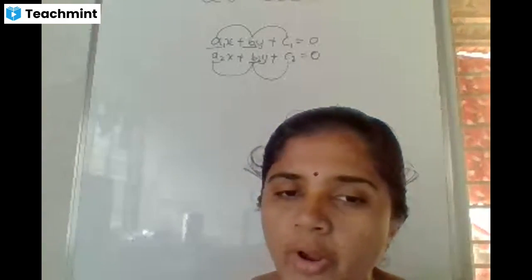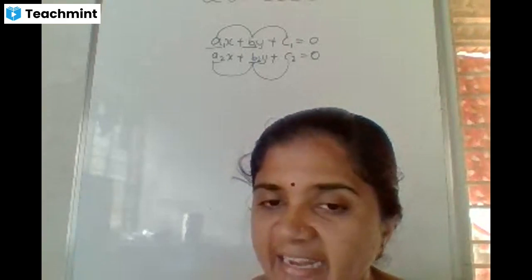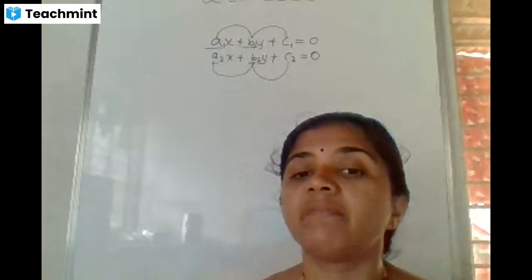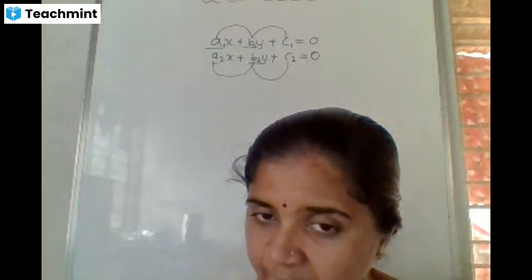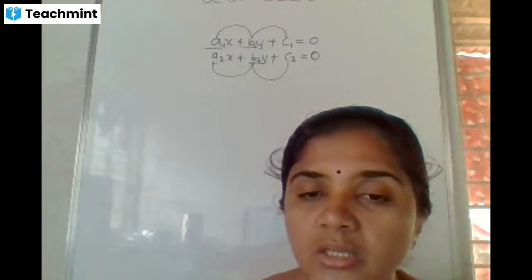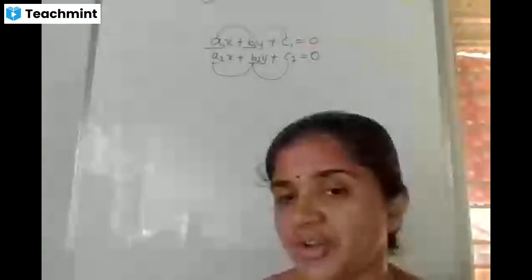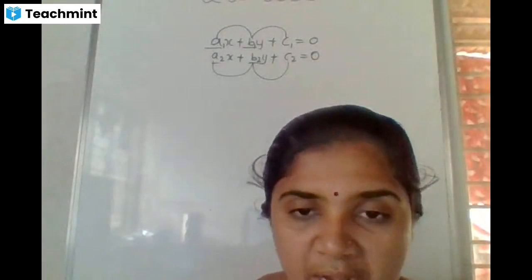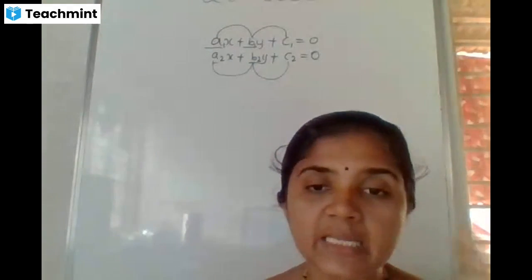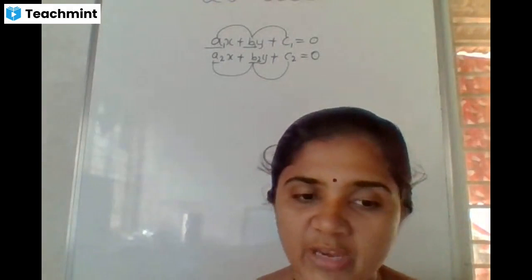And we have to join the points so that we'll get a straight line. So here we'll get two straight lines because we are dealing with two equations at a time. So in Akila's case, we got two straight lines intersecting at one point. That intersection point we have to take as the solution of the equations.